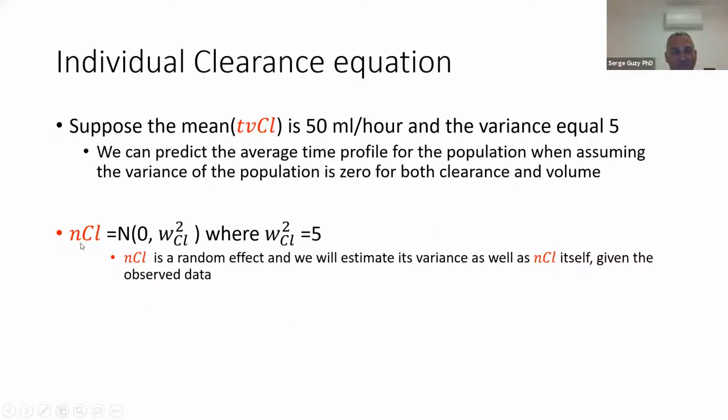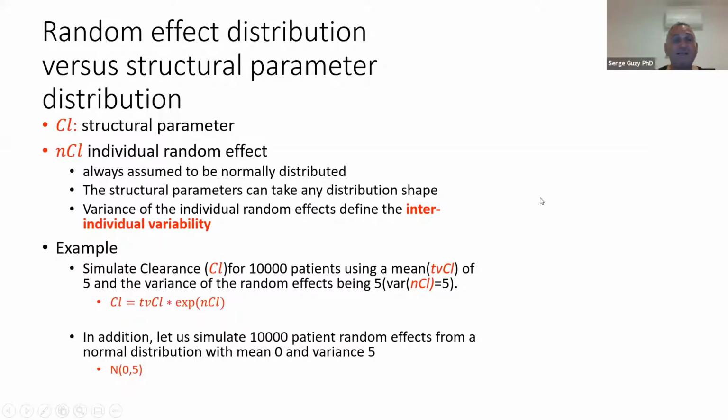Now, if I want to simulate many patients using NCL, which is a sample from a normal distribution with a mean of 0 and a variance of 5, I can simulate many random effects. NCL is the random effect, and we will estimate its variance as well as NCL itself given the observed data. That's what we are going to do when we do the fit. But if I want to simulate many patients, I can do that, let's say 10,000 patients.